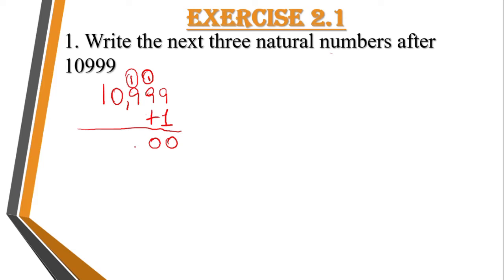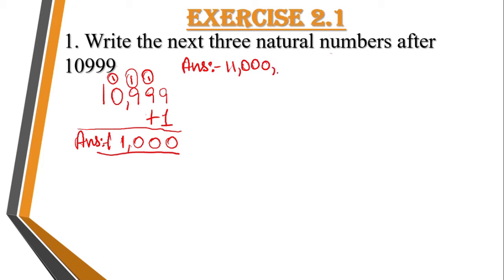Again 1 plus 9 is 10 and 0, 1 carry over. And 1 plus 0 is 1 and 1 is this. So we will get our answer as 11,000. So this is the successor of 10,999. Now the answer will be 11,000.